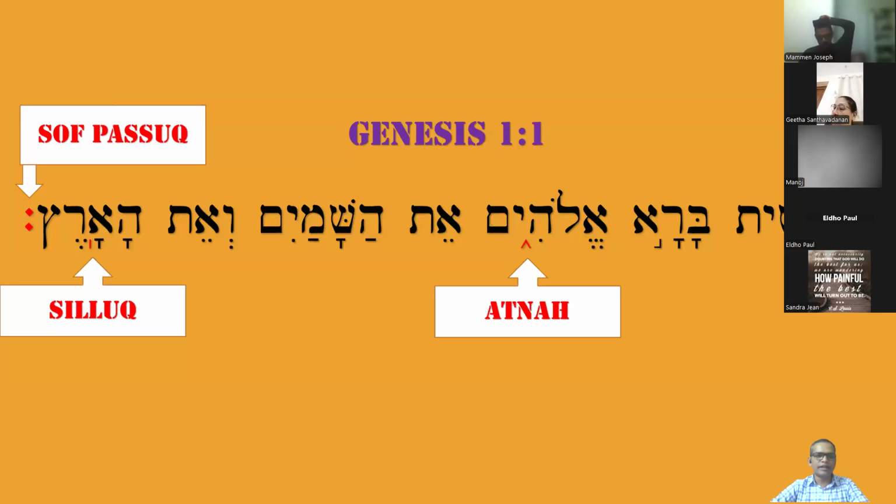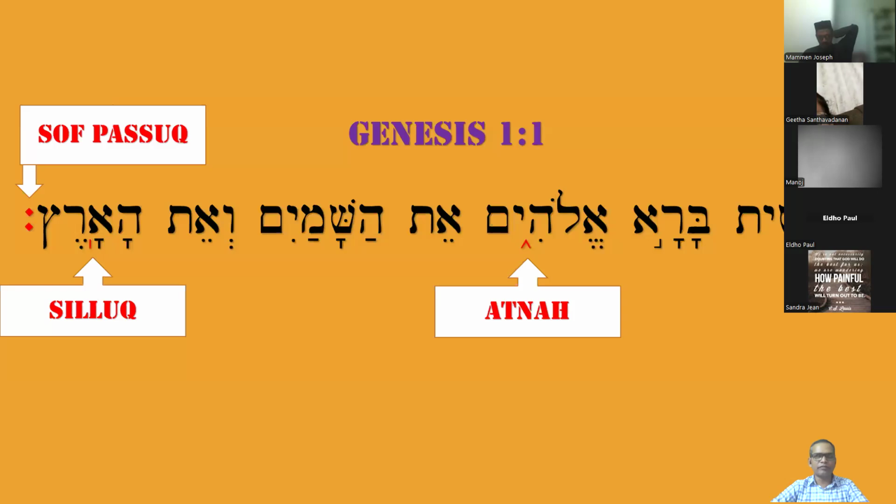So this indicates that the verse ends. So soon after Siluk, you will see Sof Pasuk. So if a word is carrying Siluk, that word will end with Sof Pasuk, which is the full stop. So this is a sure indication that the verse is ending.